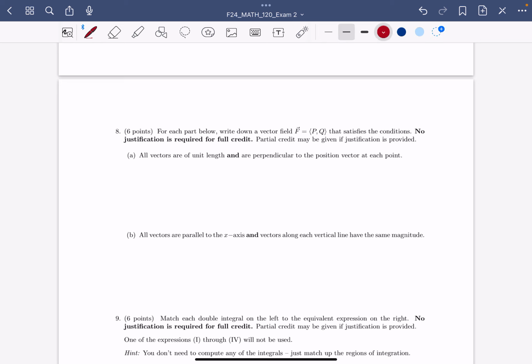Okay. So for number 8, part A, we have all vectors are of unit length and are perpendicular to the position vector at each point. So position vector is (x, y), right?